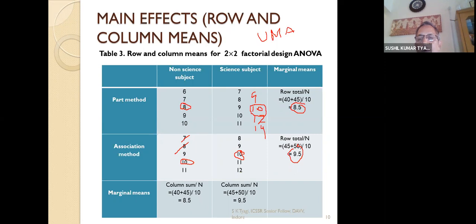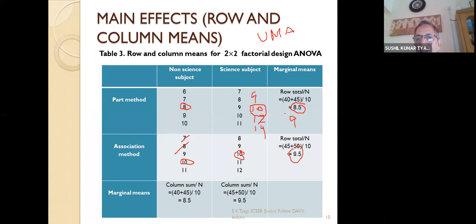Now these marginal means, the row mean or column mean, are calculated differently. This mean will be calculated as an average of 8 and 10. 10 plus 8 is 18, mean is 9.